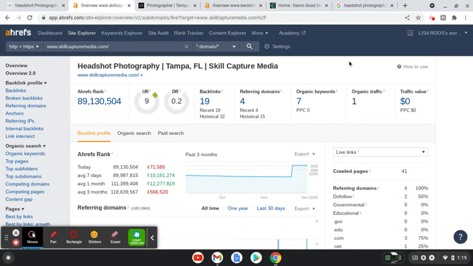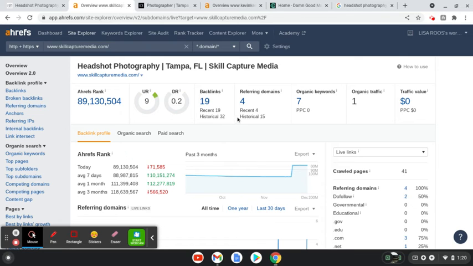This is how we do our research, as well as track how well your website is doing after things have been optimized. In here, we cover a couple of things. This top bar right here is what we focus on. The UR is the strength of your website, and the DR is domain rating, how trustworthy Google finds your website. Both of these numbers can go up to 100.